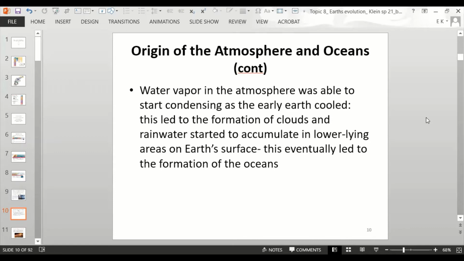Then that formed clouds and then rainwater. And then the rainwater accumulated in lower lying areas on the Earth's surface. So this eventually led to the formation of the oceans.